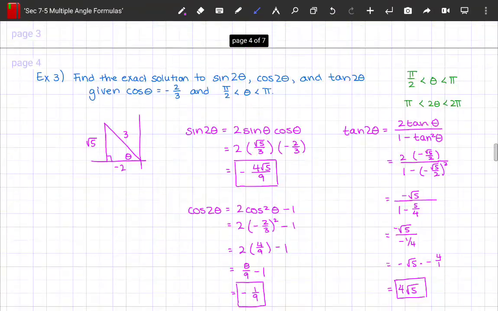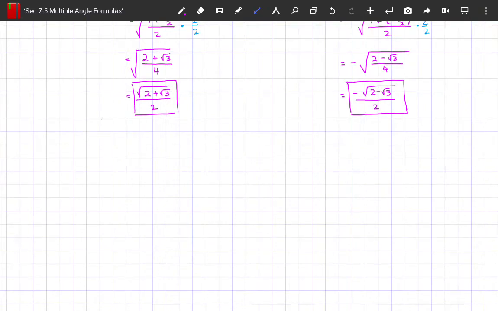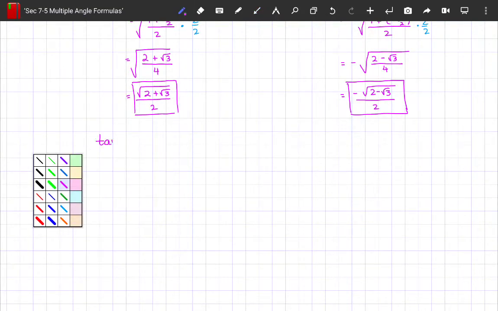So let's go back there. And we are dealing with the tangent of 7 pi over 12, which is the same thing as the tangent of 7 pi over 6 over 2. So the formula said 1 minus cosine u over sine of u.